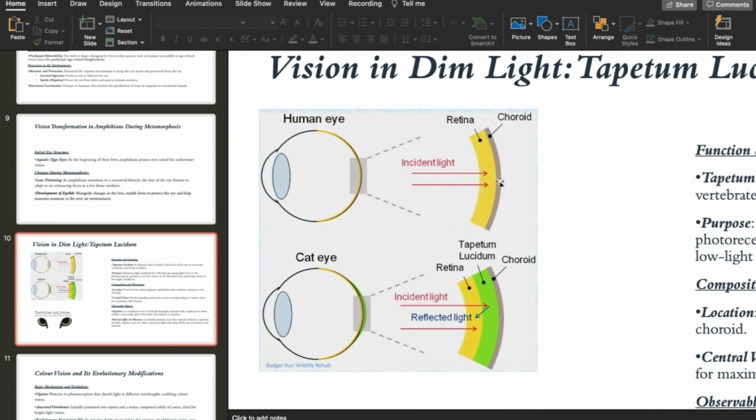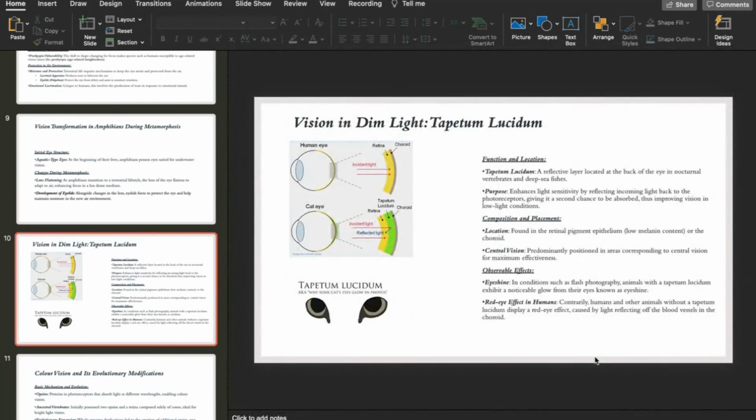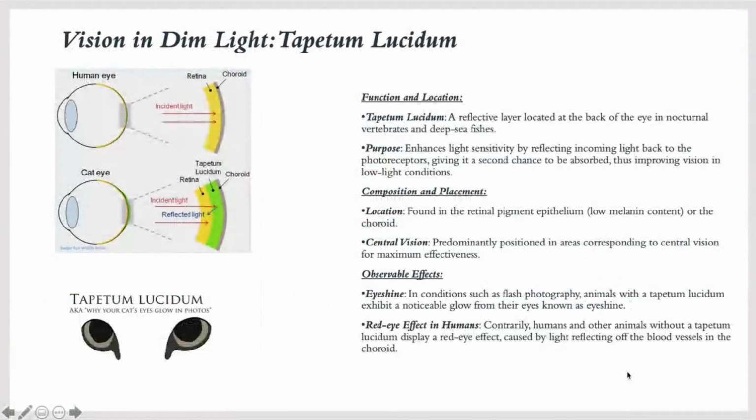So when you're taking a picture of somebody's eyes in low light, and then all of a sudden there's that flash, the redness that you're seeing is actually the blood vessels in the choroid. And that is all there is to this slide.